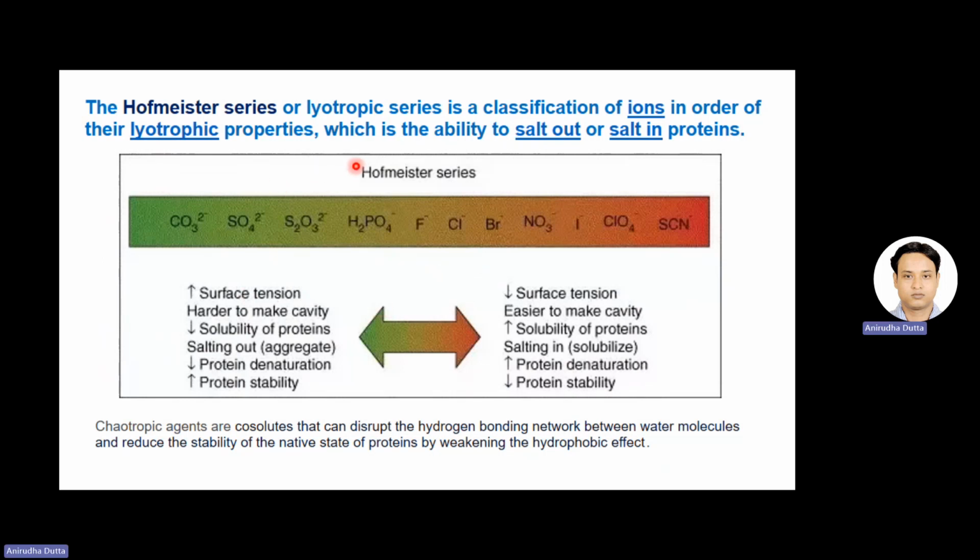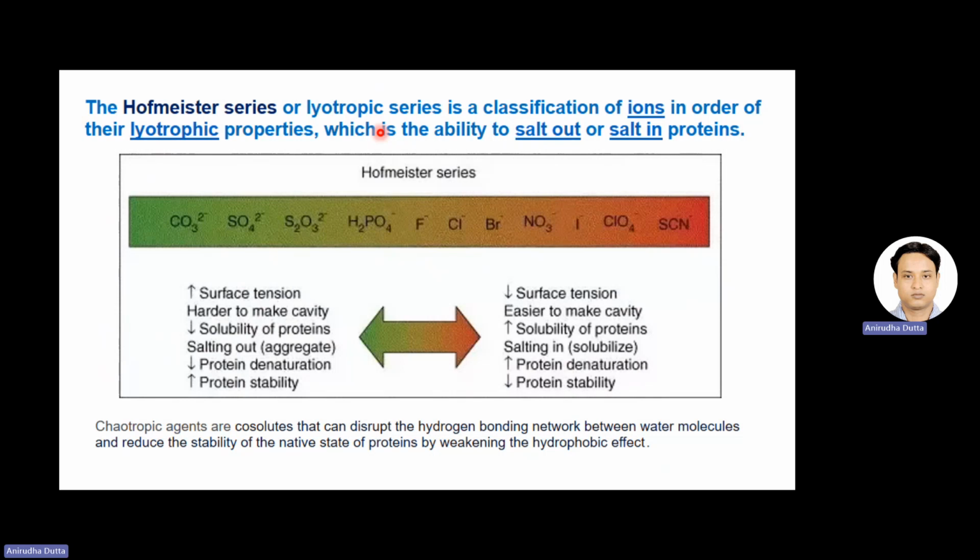So as we described the lyotropic series, there is another thing called chaotropic agents. What are lyotropic agents? They solubilize protein and don't denature protein. They are not harmful for the protein structure. What are chaotropic agents?